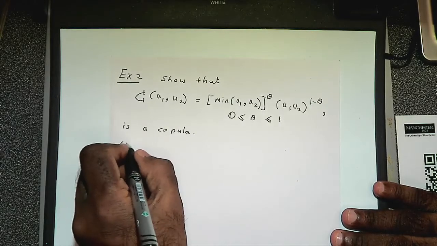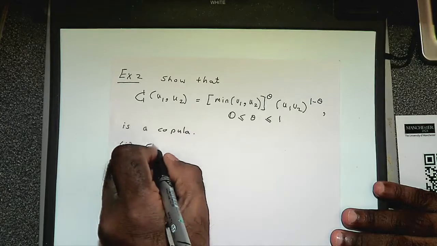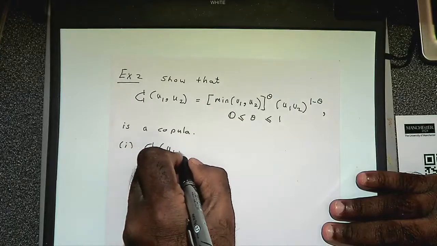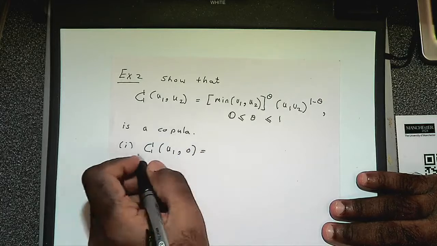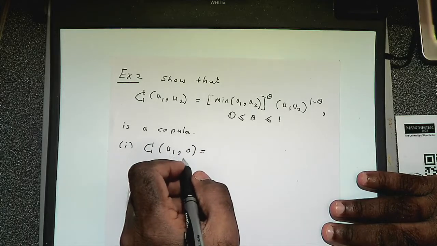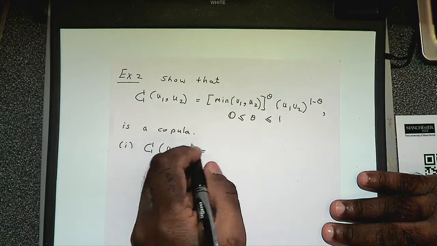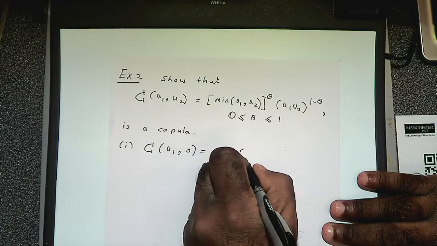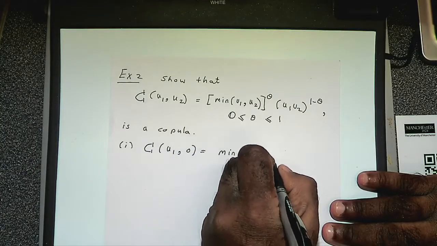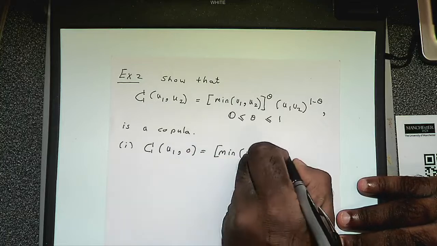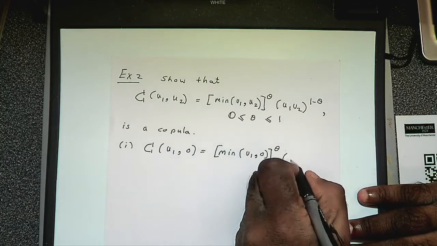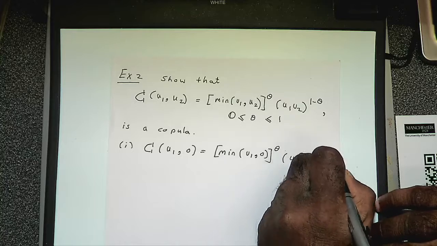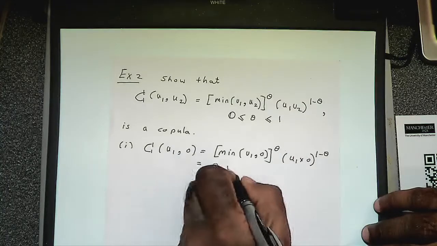So part 1, if you put u2 equal to 0, the minimum will be this, then u1 times 0 to the power of this, and this is clearly equal to 0.